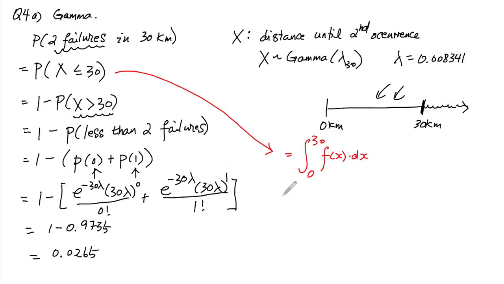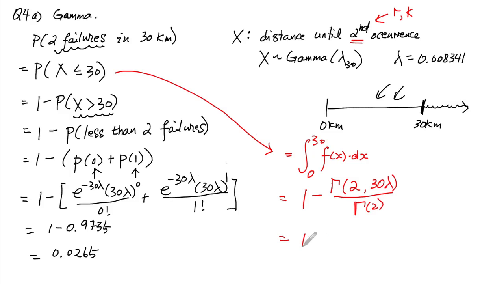And we said that this is equal to 1 minus gamma of 2, where 2 is our r, usually denoted by either r in the course booklet or k, comma 30 lambda, the average number of occurrences in our time frame, and our time frame of interest here is 30 kilometers, divided by gamma of 2.